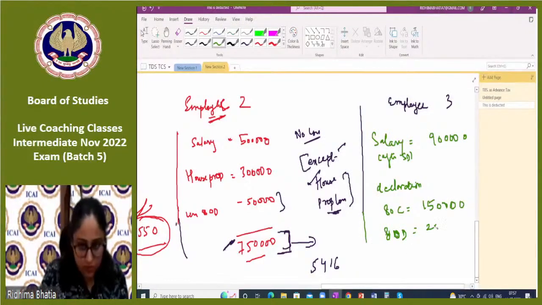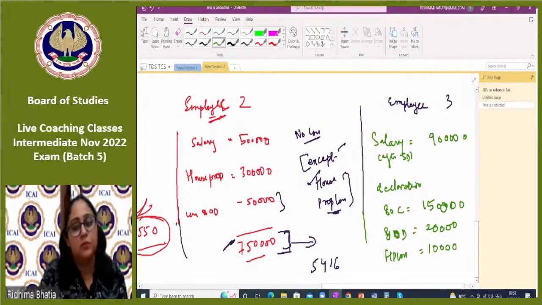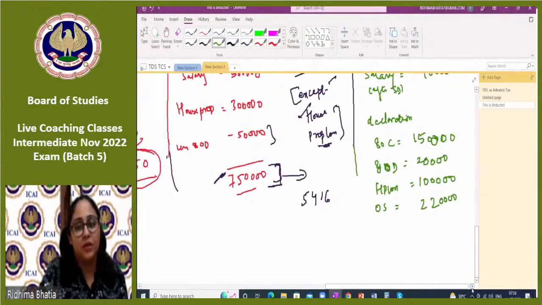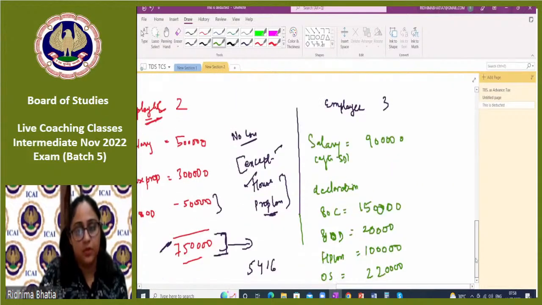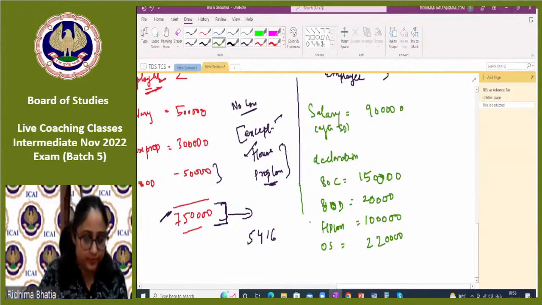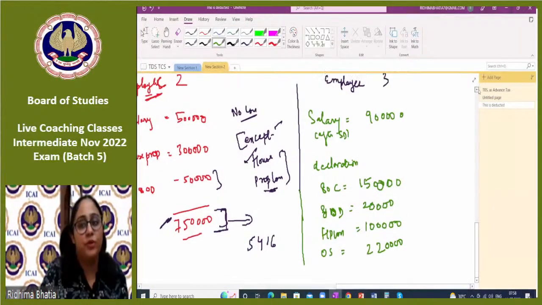This is 1,50,000. House property loss, 1 lakh. Other sources income, 2,20,000. Quickly tell me what would be the monthly tax deducted on salary payment for employee number 3?